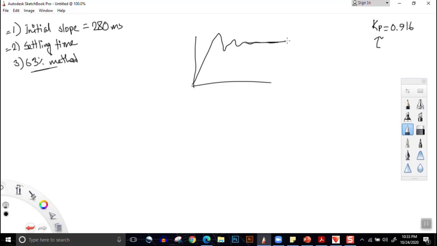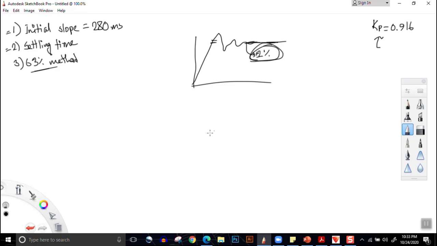The settling time is the time when the output reaches plus minus 2% of the steady state value, and it does not get outside that. For example, in this case it reaches plus minus 2%, but at one stage it goes above it. But once it has settled, the value will not fluctuate beyond plus minus 2%. So that is the settling time.